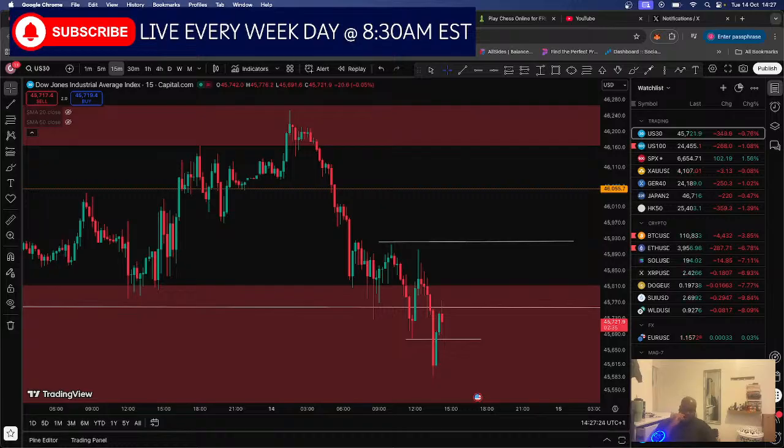Alright, seems like we're getting some buying pressure coming into the New York Open. Obviously, we've got just over 2 minutes to the Open. So if this candle closes green, I will get long on the Open.